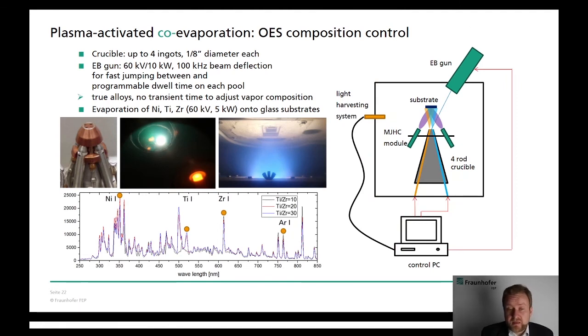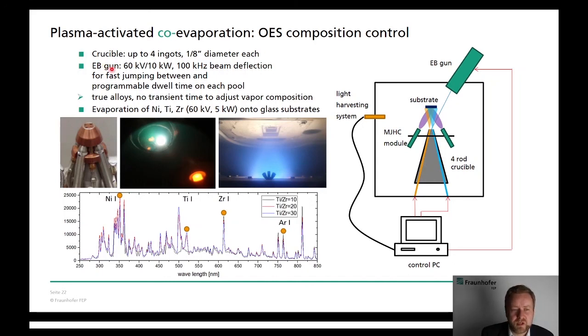It's clear that when we control the evaporation from one crucible, we can also control the evaporation from several crucibles. That's the co-evaporation approach, and that we have done also. We have replaced this half-inch crucible by a crucible which has up to 4 separate evaporation pools, and it's possible to evaporate up to 4 different materials by jumping beam method.